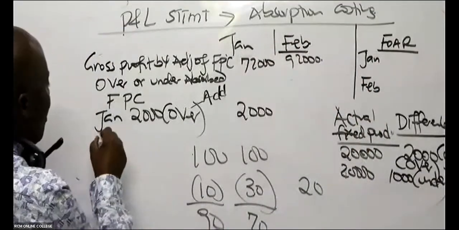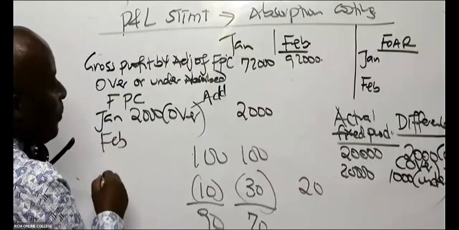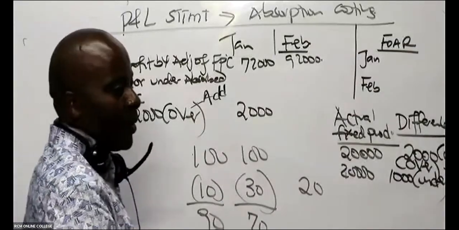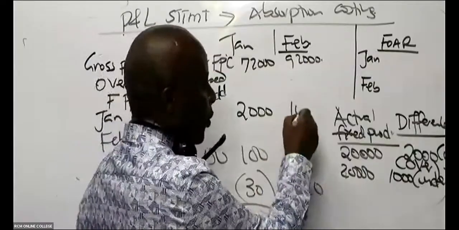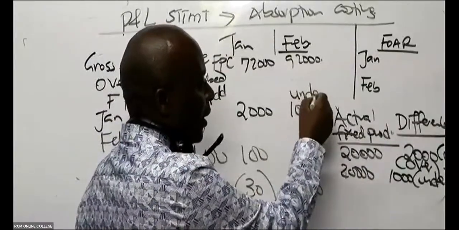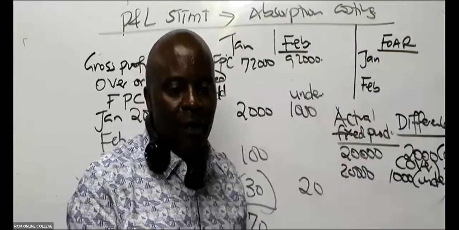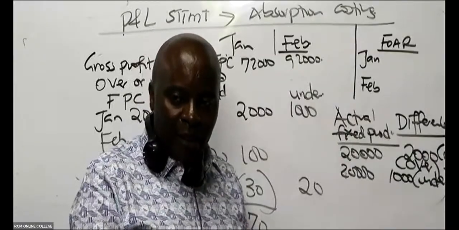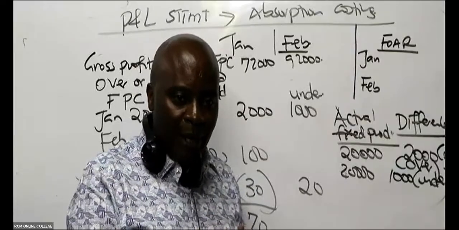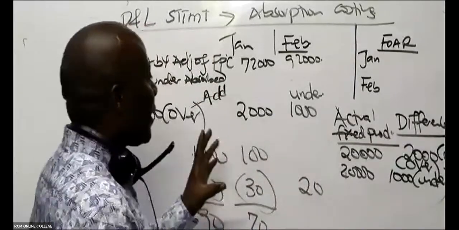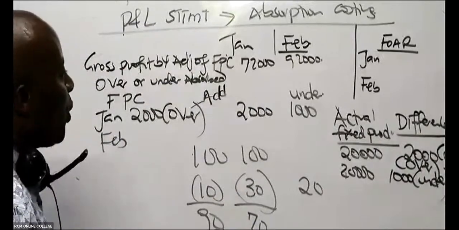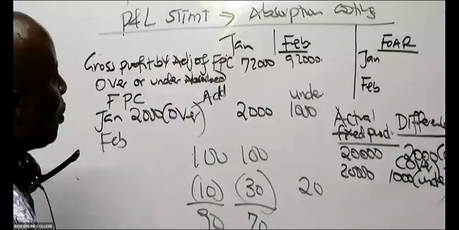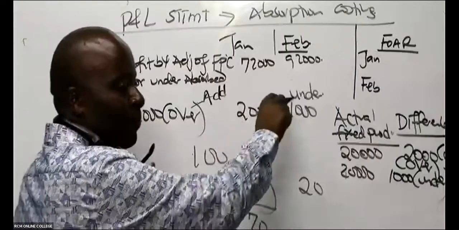And then now we have February. So February, how much? February is 1,000. And it is what here, somebody? It is under, isn't it? So whenever an expenditure is understated, what does that really mean here? Now, ladies and gentlemen, when it is under like this, what we shall do at the end of the day, we shall be able to go and do what here, somebody?